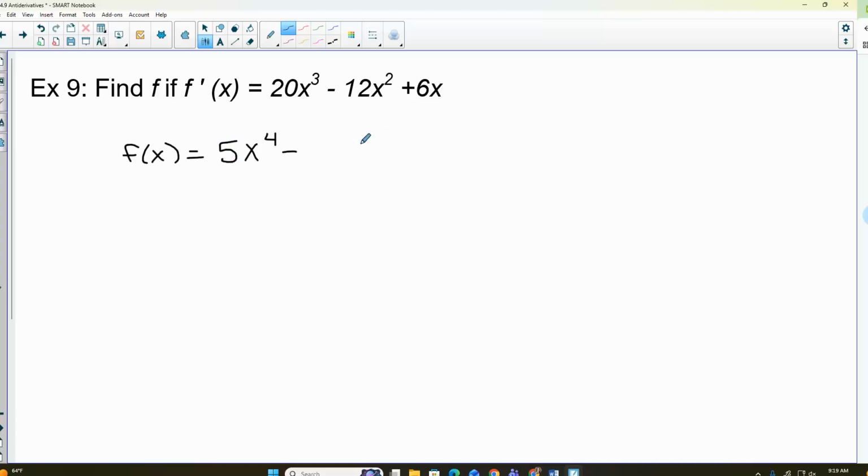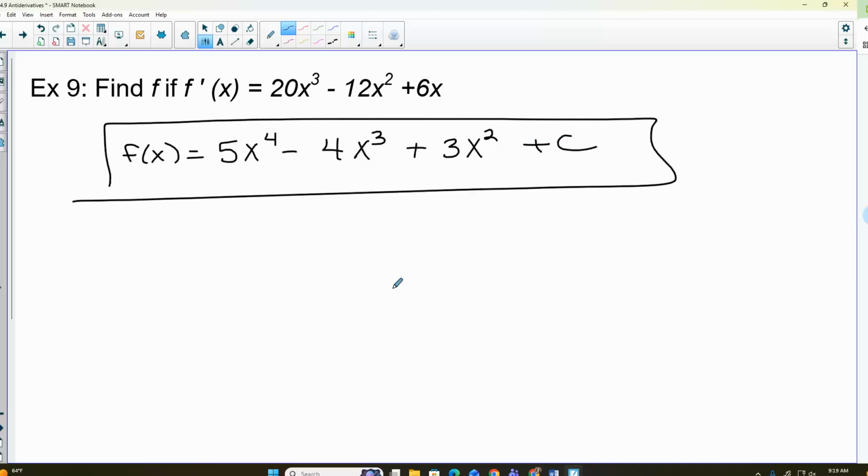All right, if I add 1 to this power, that's x cubed, so we need a 1/3 in front, so 12 times 1/3. Okay, if I add 1 to the power, that's x squared, so I need a 1/2 in front, 6 times 1/2. And like we said, you can always check it just by working out the derivative.